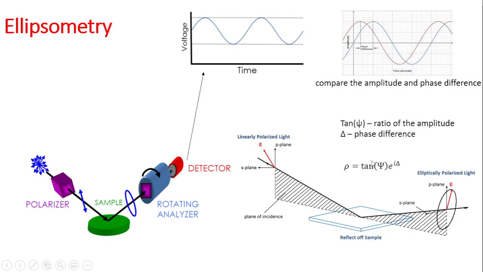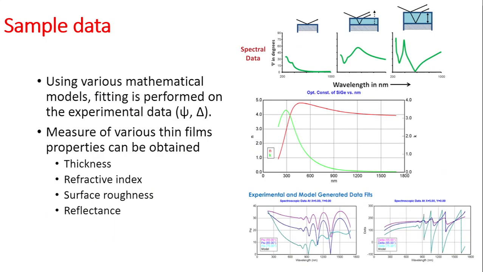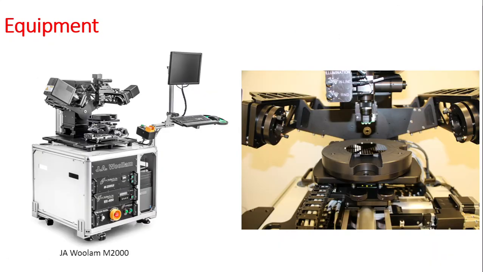Psi and delta are the two main parameters, and using these two parameters and your mathematical model, you can fit the experimental data and get various film properties such as thickness, refractive index, surface roughness, and reflectance, which are all useful for different applications.